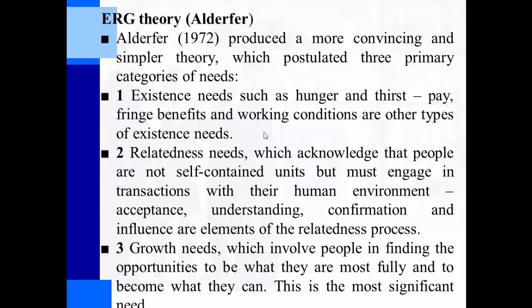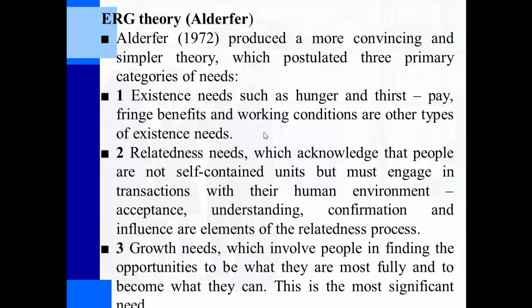relatedness process. It means that employees are human beings, and they need a human environment. They should be accepted, managers should understand the employees, and they should be acknowledged. Growth needs involve people in finding opportunities to be what they are most fully and to become what they can.